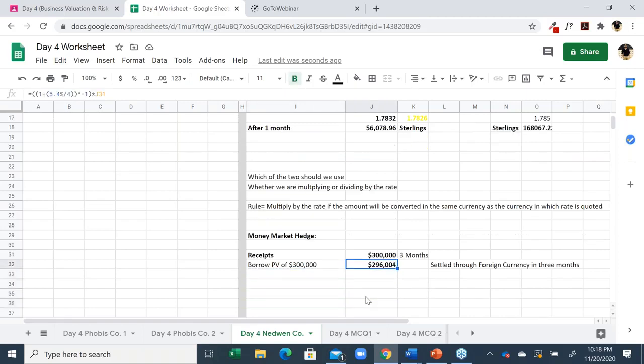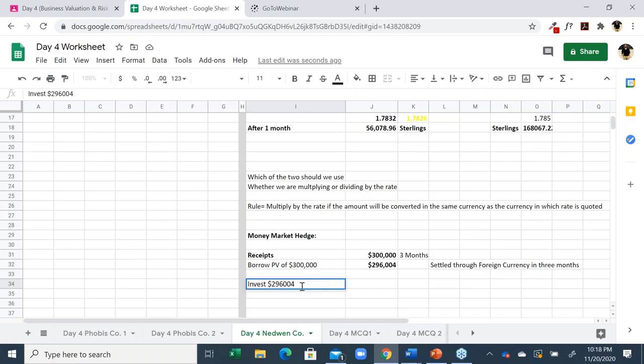So we have to invest this amount. So invest 296,004 dollars.